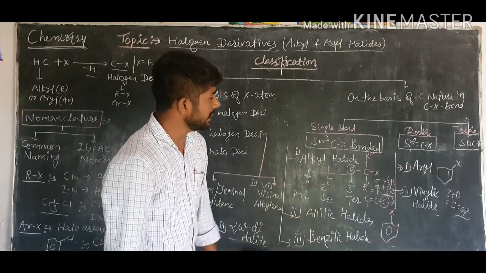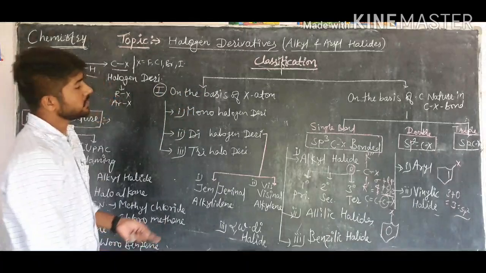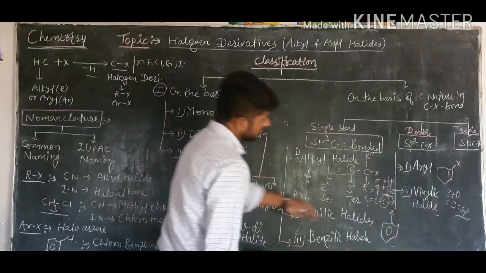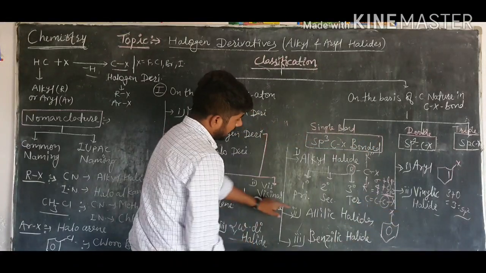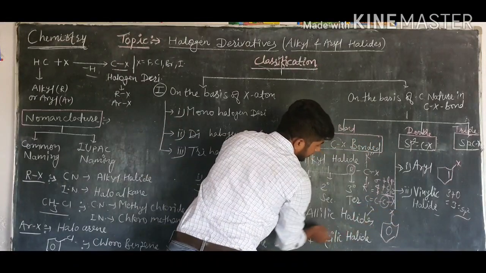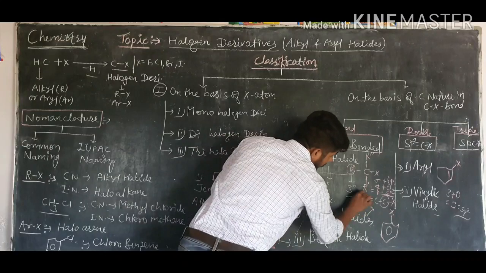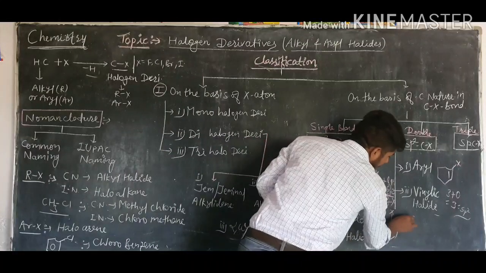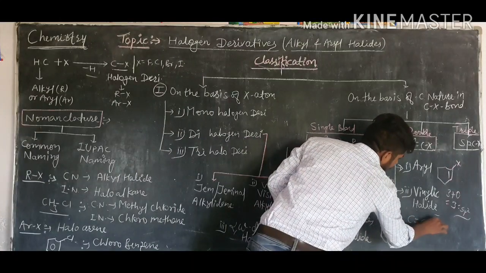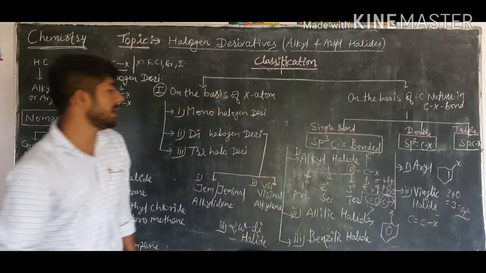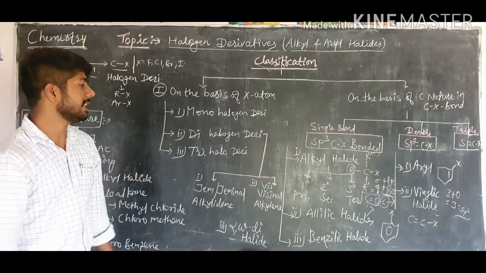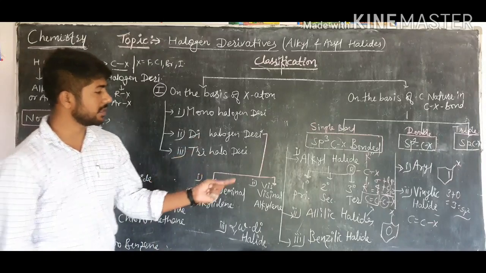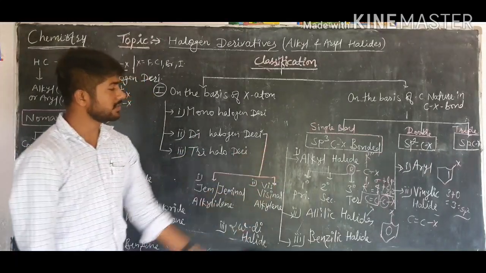After that, vinylic halide. Vinylic halide means carbon double bond carbon attached with a halogen; it is called a vinylic halide.